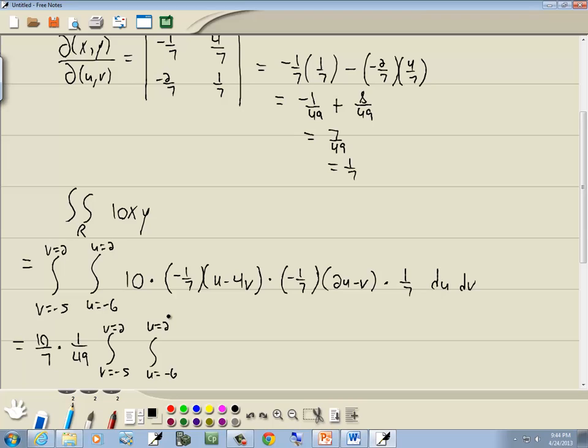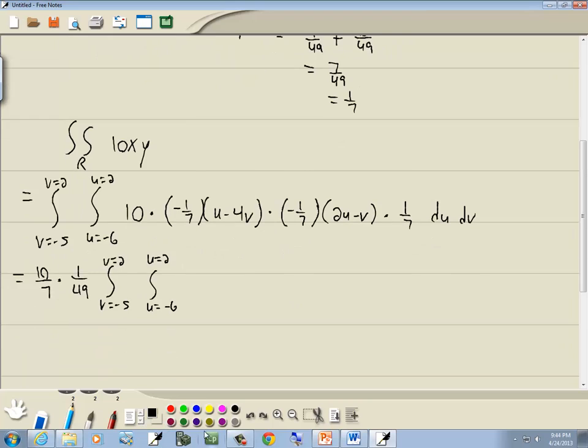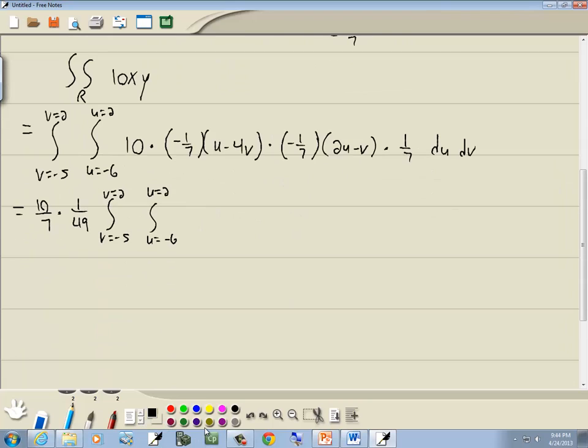Now you don't see the true power of this uv substitution with this simple example I've done here. It really makes some problems come out very nice. I just wasn't good enough to make them up. Okay, so we're left with u minus 4v times 2u minus v, du dv.